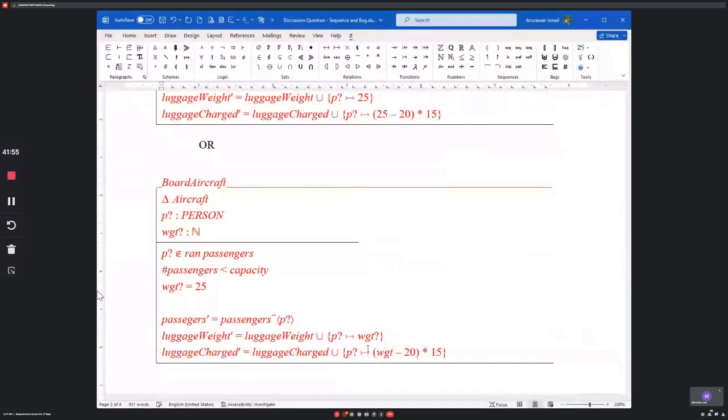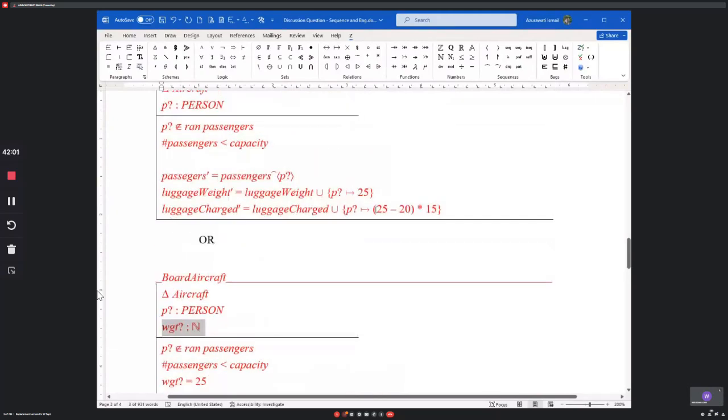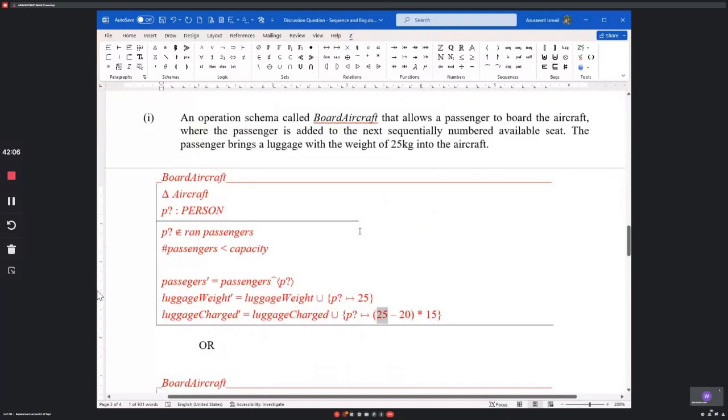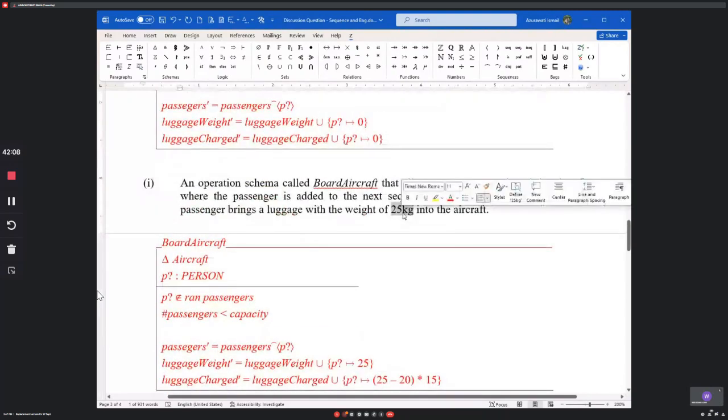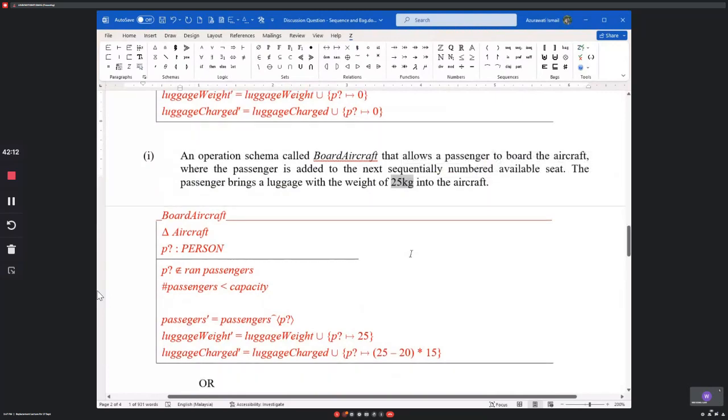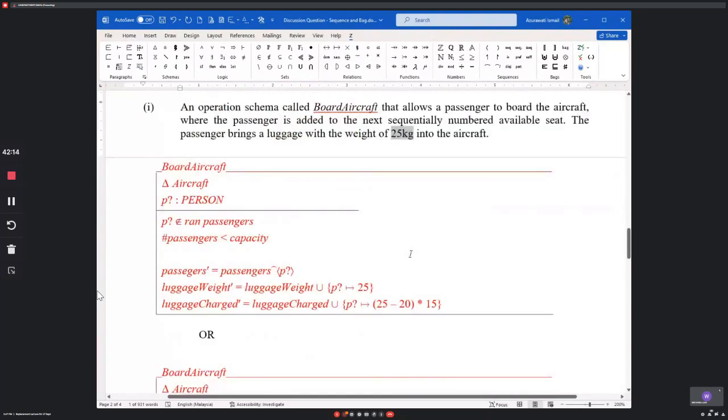Similar like just now. So either you want to have input here, or you can straight away put it like this, no problem. It's up to how you want to answer the question, because the value was given to you already in the question. So you don't need to do a lot of calculation, like for exam and so on. You just straight away answer the question according to the data given to you.